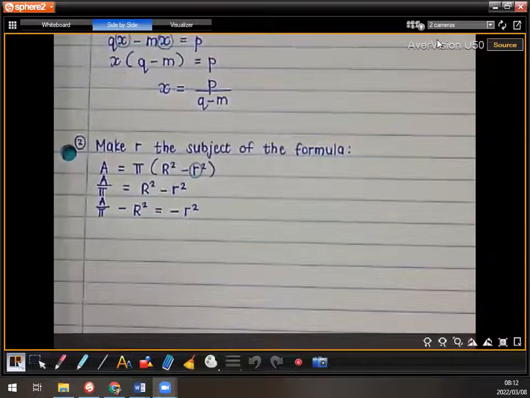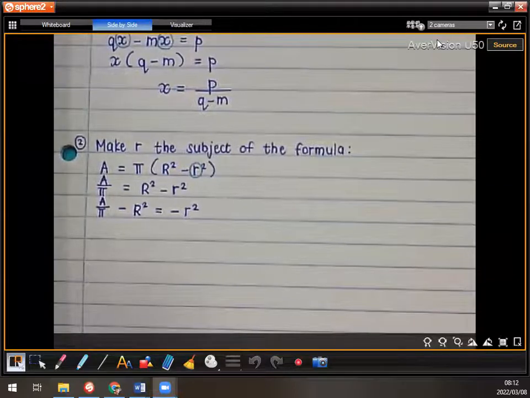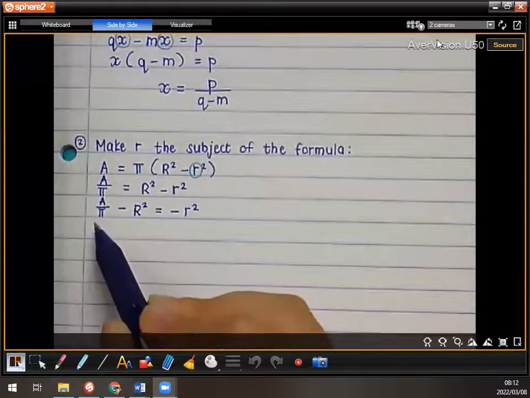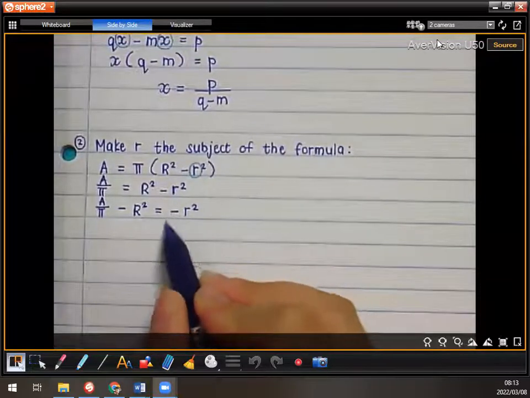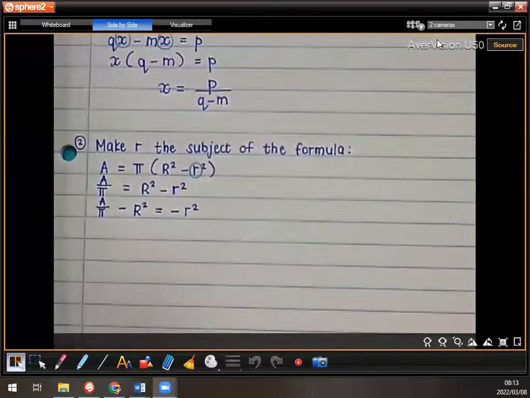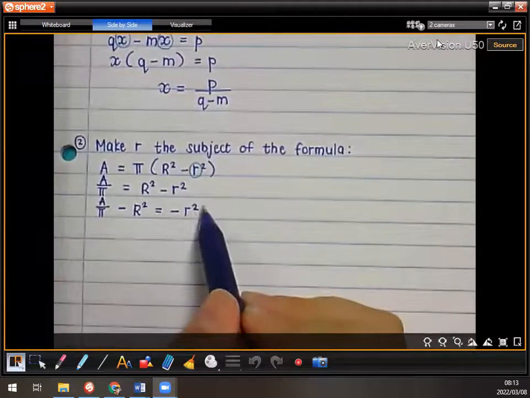Now, do you guys think we're going to get rid of that minus first, or are we going to do the plus or minus square root first? Let's get rid of the minus, right? What am I going to do when I get rid of that minus? What am I actually doing? I am dividing by what number is represented by that minus? Negative 1. So I'm actually going to divide all of these terms by negative 1.